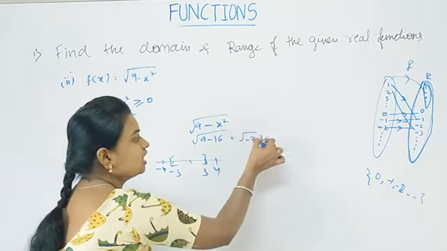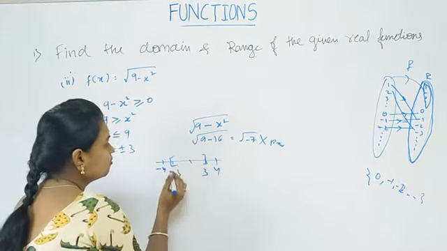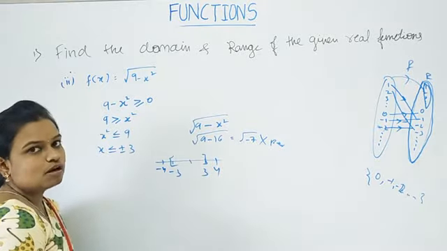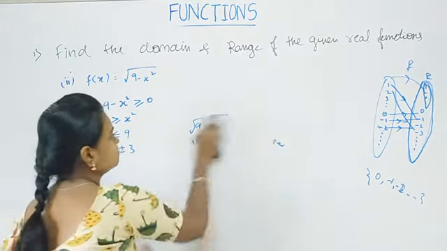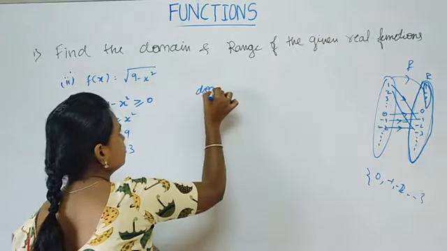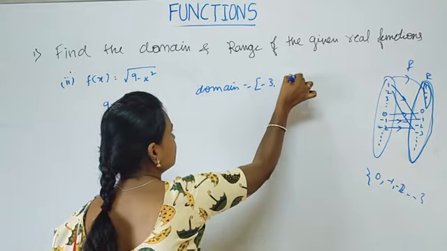So it is not a real number, it becomes an imaginary number. So this function is defined only between minus 3 and plus 3. That is the domain. Therefore the domain for this function is minus 3 comma plus 3.